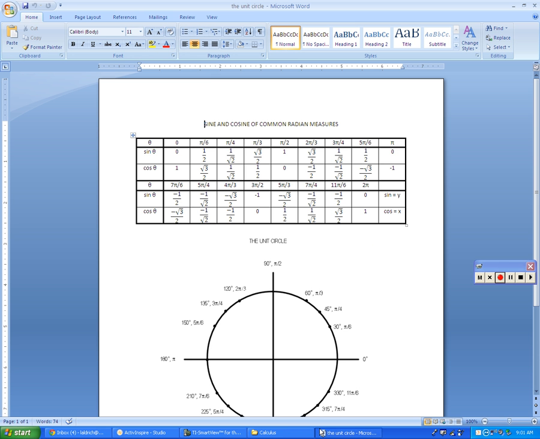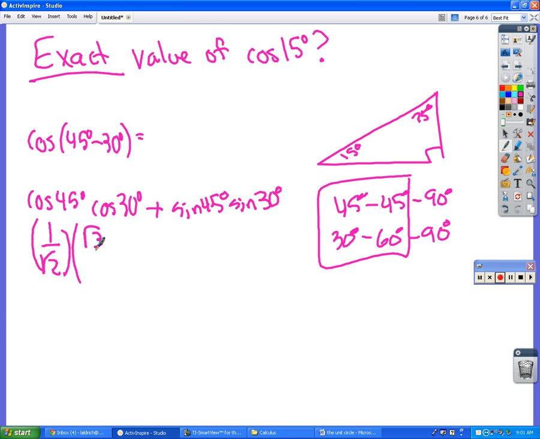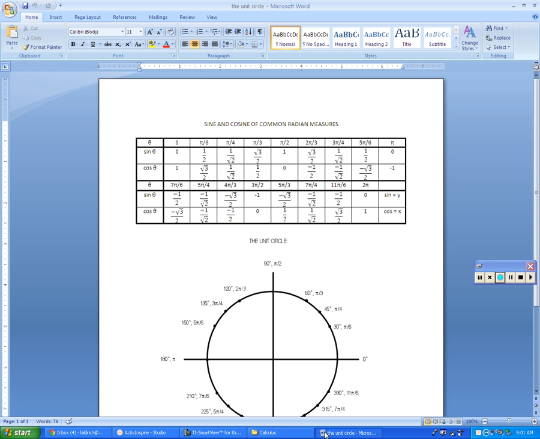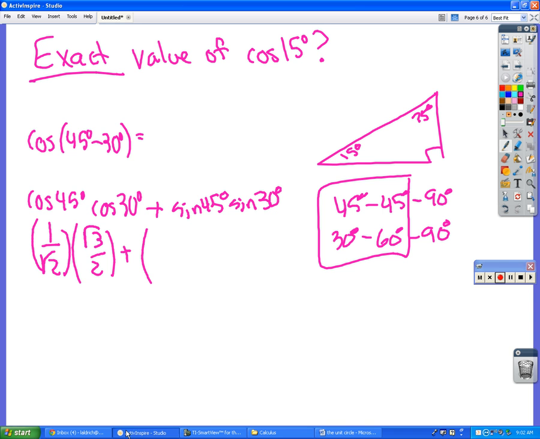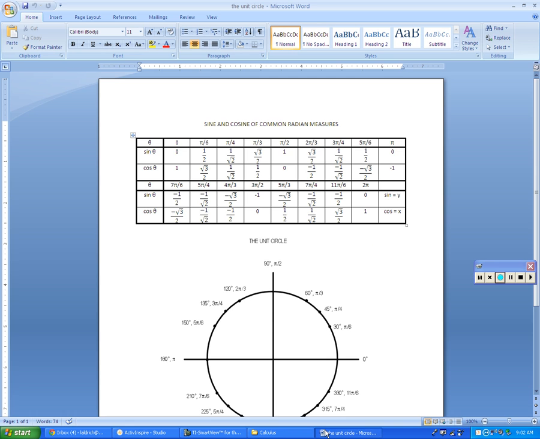Cosine of 30. How many radians is 30 degrees? Pi over 6. If I want to go cosine of pi over 6, that's root 3 over 2. Plus sine of 45, so go to the chart again. 45 degrees is pi over 4, so the sine of pi over 4 is 1 over root 2 times the sine of 30. 30 degrees, you remember, I'm sure, is pi over 6, so that is 1/2.